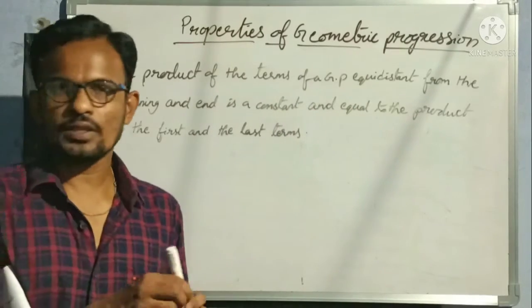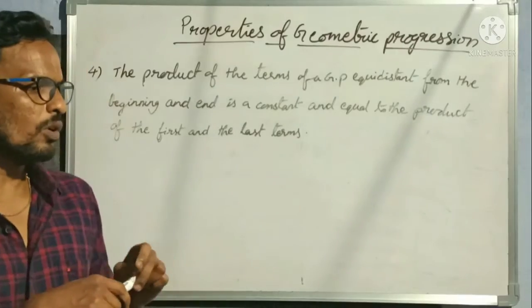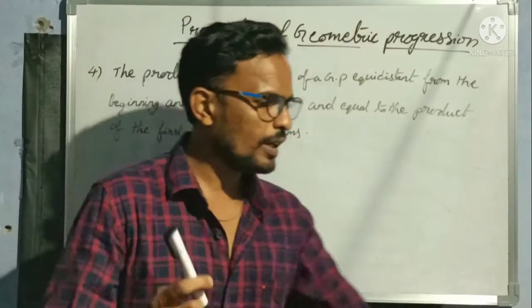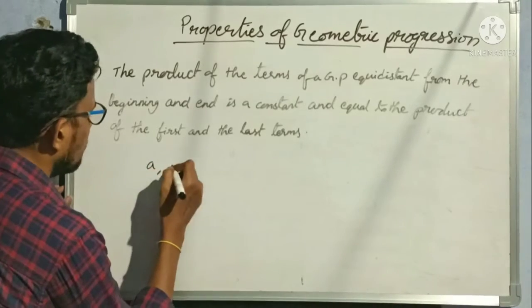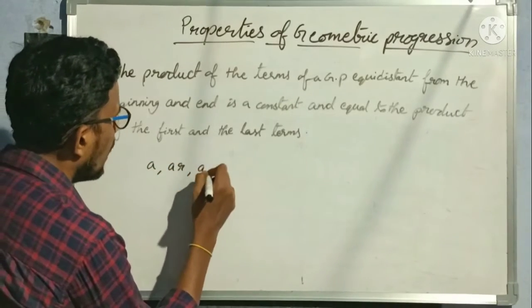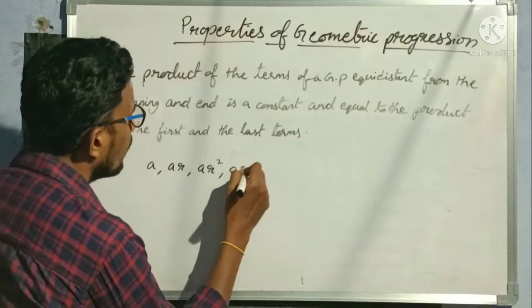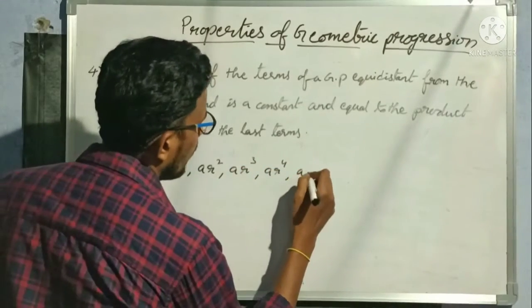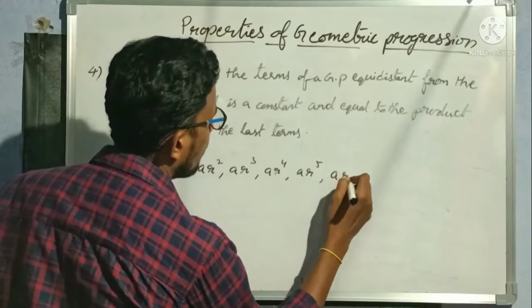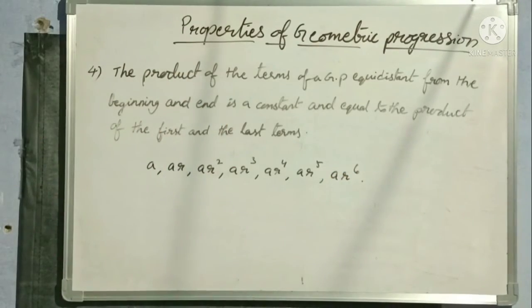What is the meaning of this sentence? Okay? So listen. First let us take terms in a GP, that is A, AR, AR square, AR cube, AR power 4, AR power 5, AR power 6. Enough. Okay?